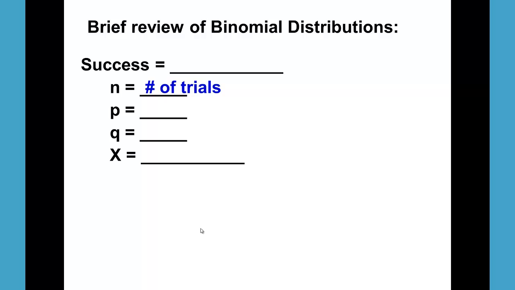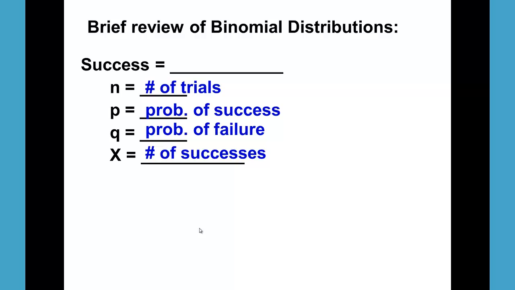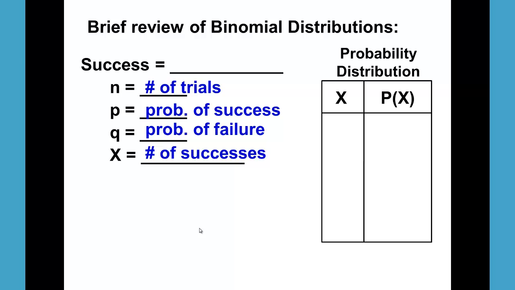As a brief review of binomial distributions, remember that a success is defined as, in our problem, n is the number of trials, P is the probability of success, Q is the probability of failure, and X is the number of successes. A table is invaluable, and our X should always be listed from 0 up to whatever our number of trials is.